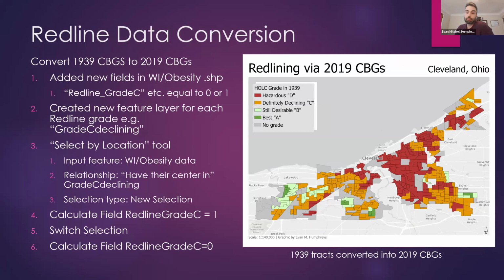The above sequence was an example for redlining C, but I went through this sequence for all 4 redlining grades. And there's a graphic depicting the CBGs, which had been now converted from the 1939 units to 2019 census block groups to be used in the regression.